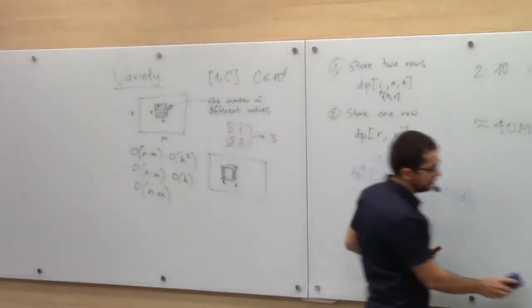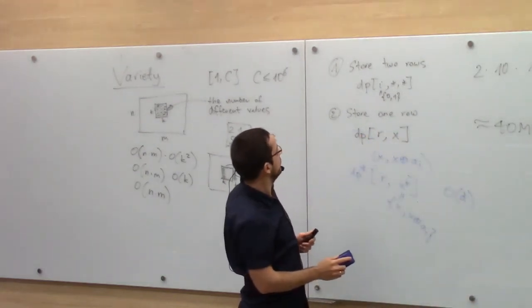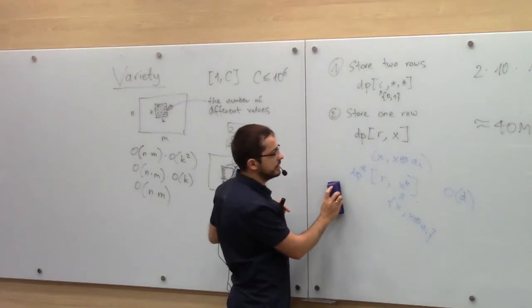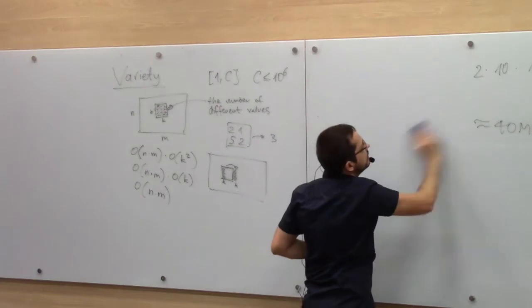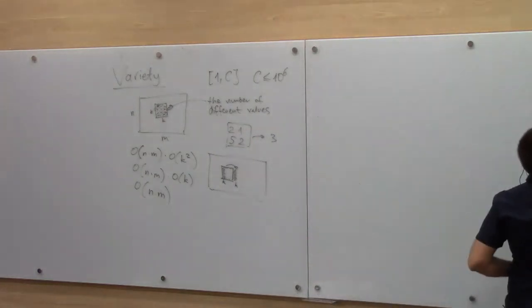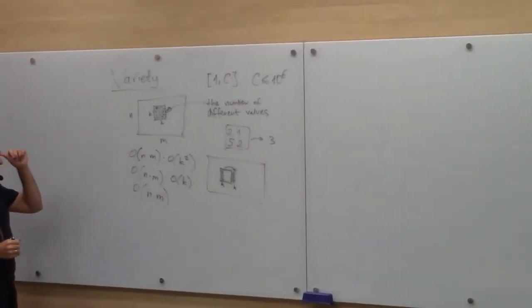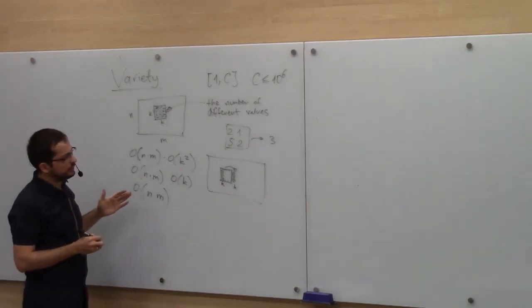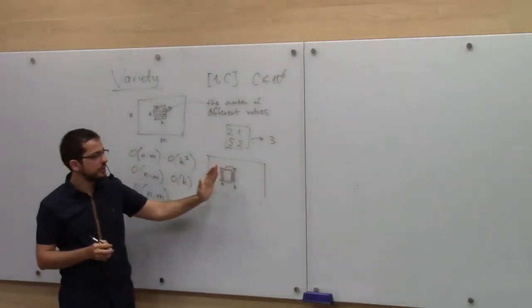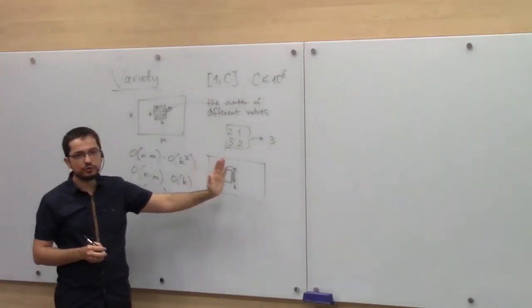So in order to get to this solution, I will just erase this part. What we will do in our approach is try to move a square from left to right.